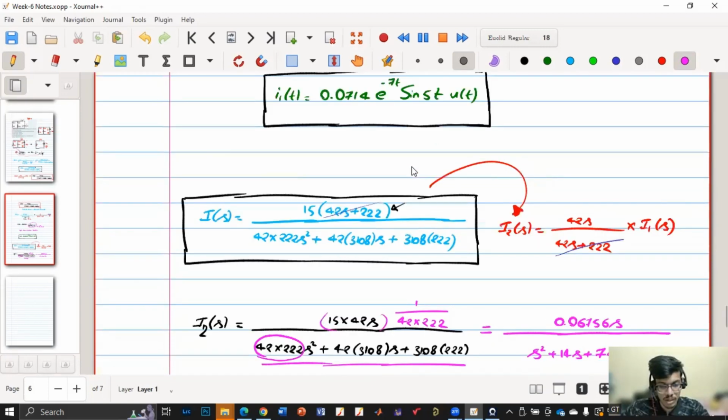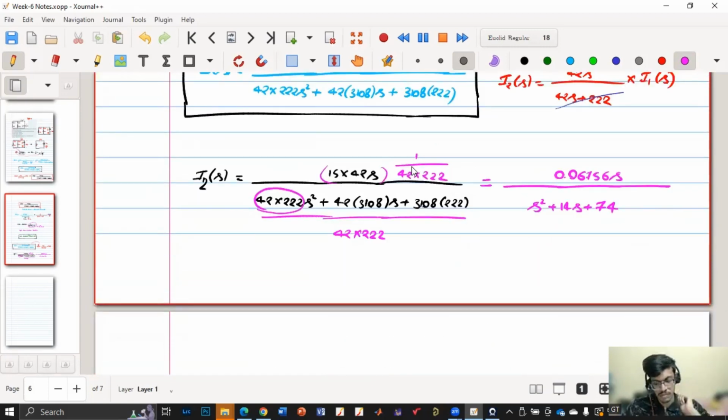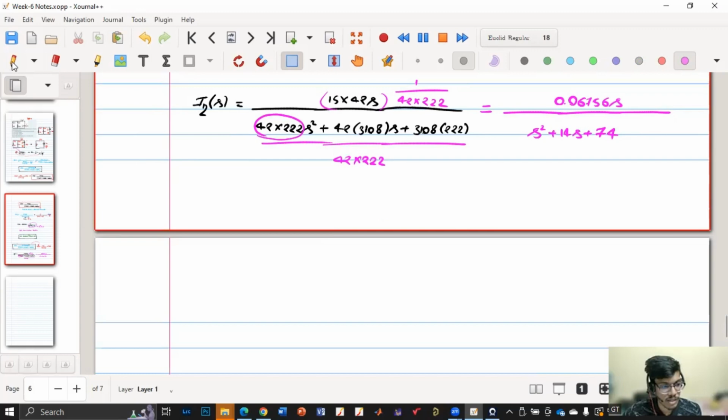So this is my I2 of S. Did you get it? Yes, sir. Okay. So let me just again write this equation quickly in the second page.